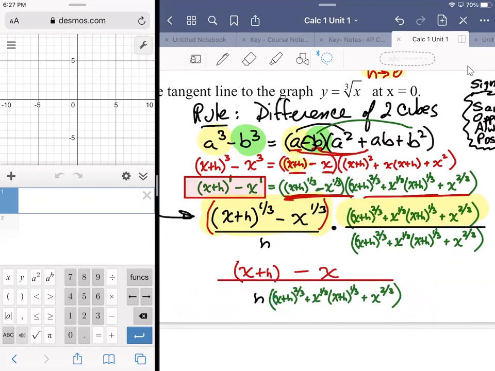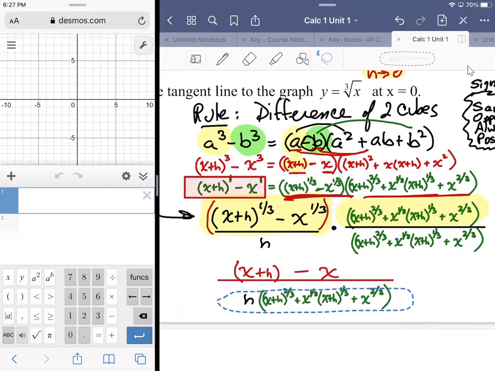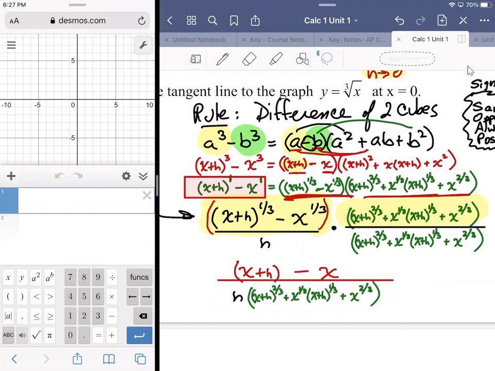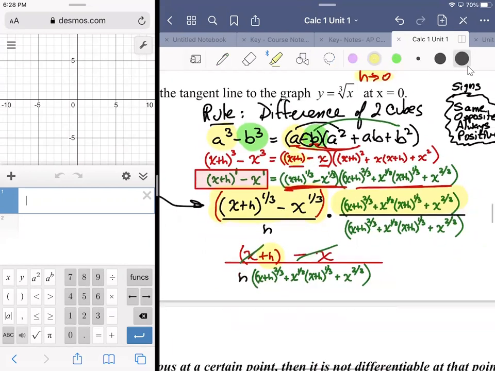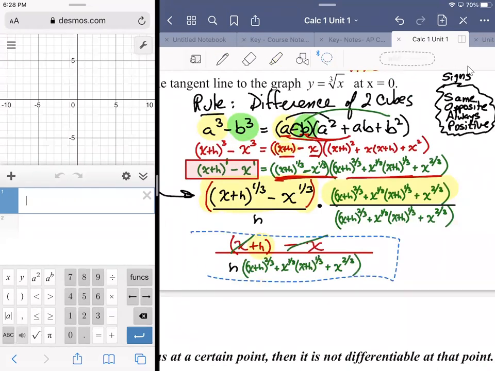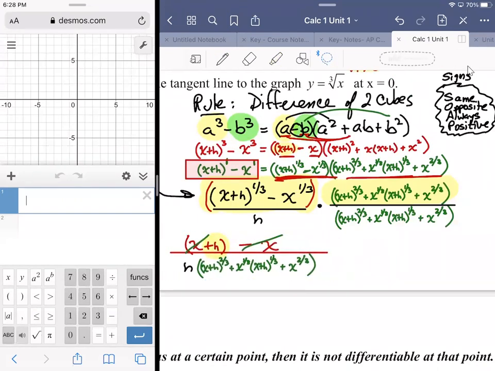If I simplify the numerator, I'm going to be able to cancel the x with the negative x. That's going to leave me with just an h up top. So rewriting, and honestly, that's probably going to be the biggest bugaboo with all this, just rewriting and rewriting and rewriting.